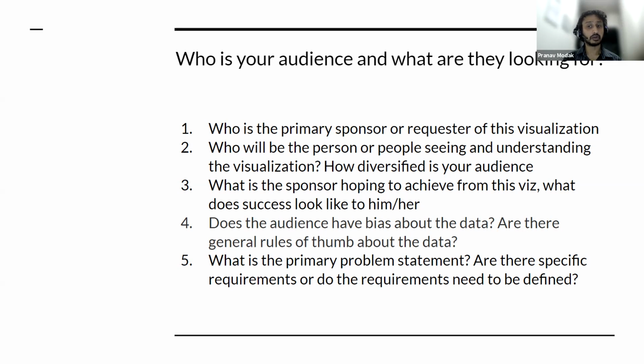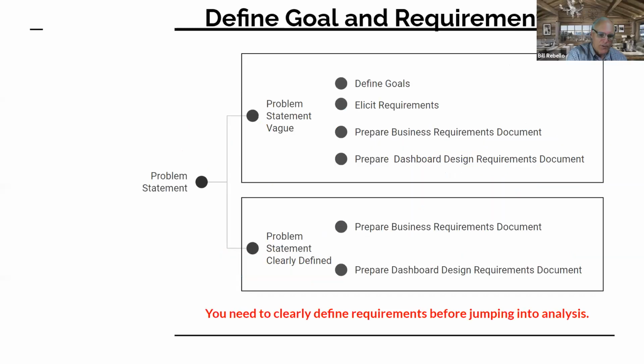This is where the requirements need to be defined, because you will not get a list of five bullet points saying these are exactly the graphs I want to see on this visualization. This is where you need a good project manager or a business analyst who can elicit requirements from the sponsor. Yeah, that was the Student Clinic for Immigration Justice.